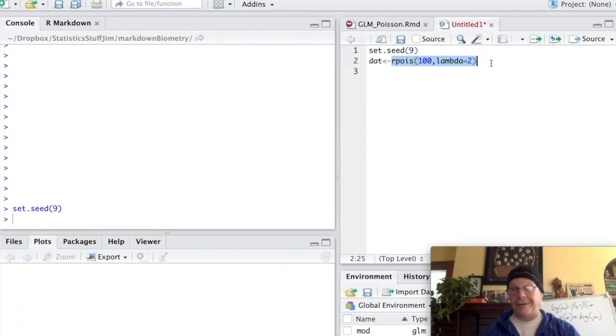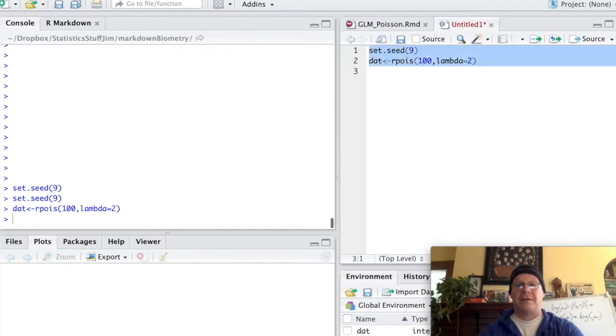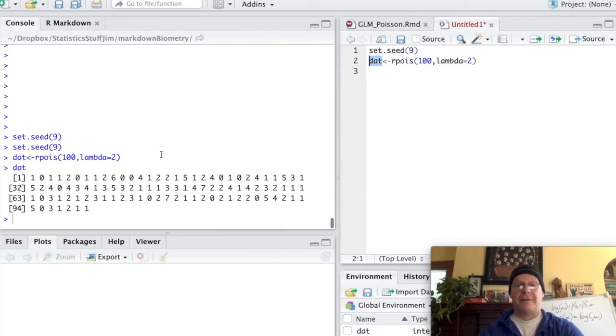And recall again that the lambda is often referred to as the rate parameter. So it describes ultimately what the expected number should be if we plug it into a Poisson distribution. So I'll go ahead and run that. And there's our 100 random variables drawn from a Poisson distribution.